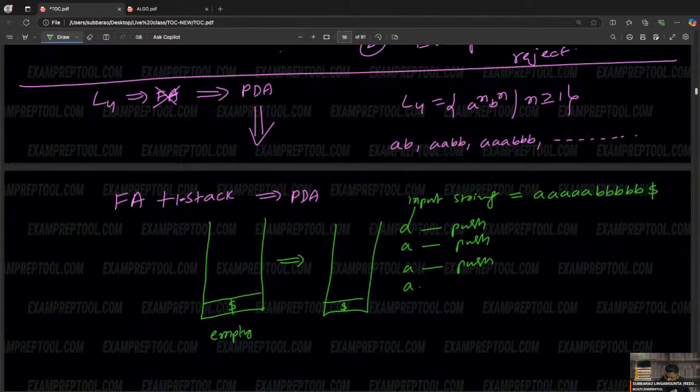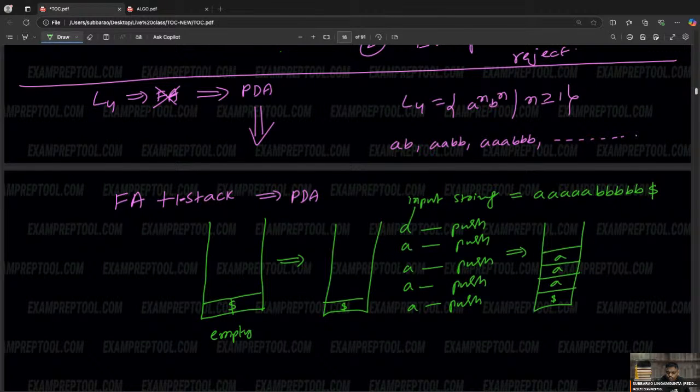See that story. A coming, push. A coming, push. When you say stack, you have two operations, push or pop. So 5 A's are pushed, with the dollar already at the bottom of the stack.